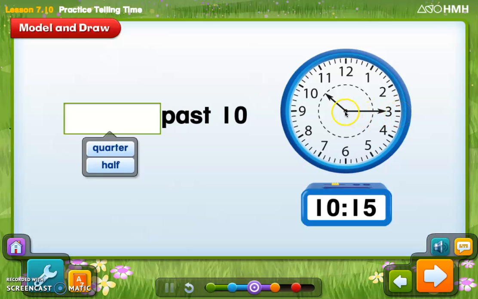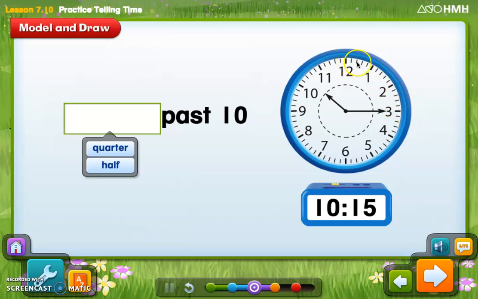So when the minute hand is on the 3, and if you broke this clock up into fourths, then the hand would be on the very end of that 1/4. So we can also say that 10:15 is 15 minutes past 10, or we can say quarter past 10, because again, if you were to partition the clock into fourths, this minute hand would be at the very end of 1/4.